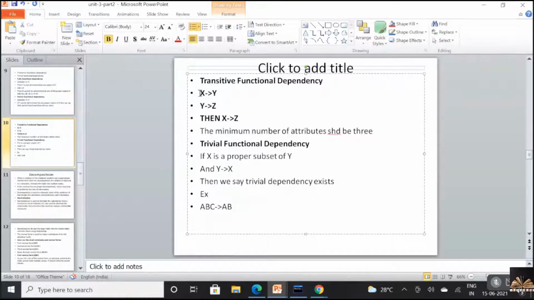X implies Y is one FD, Y implies Z is another FD.